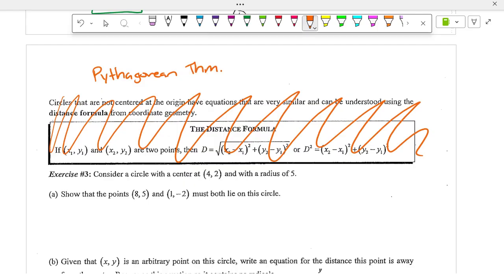So if they ever ask you for the distance between 2 points, use Pythagorean theorem just like we did in the warm-up. Graph the 2 points, make a right triangle, and then plug it into a squared plus b squared is equal to c squared. Just like we did with the delta math we did together, just like we did with the warm-up, that's how you want to go about distance between 2 points. All right? At least in your young math years.